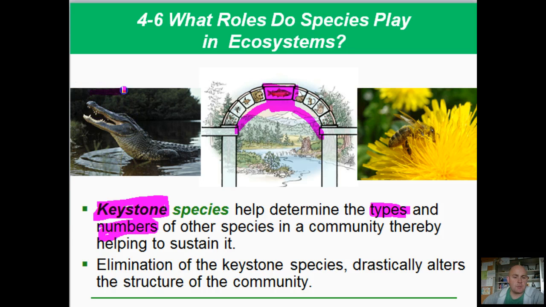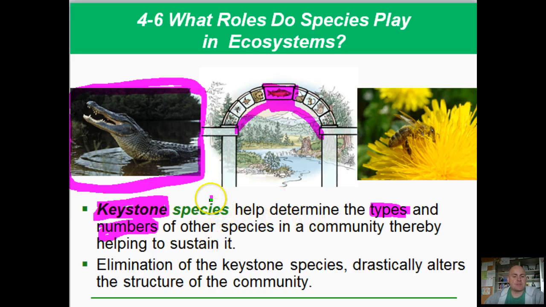And so it determines the types and the numbers of other species that are present in that community. A good example is the American alligator, which we almost hunted to extinction, if you didn't know, and now it's back and thriving. It eats certain things and keeps certain populations of organisms in check. And so when you remove it, it really changes the dynamics of the ecosystem as a whole.